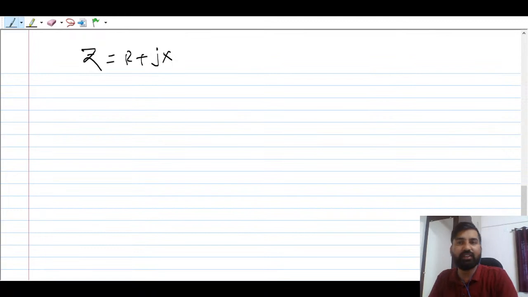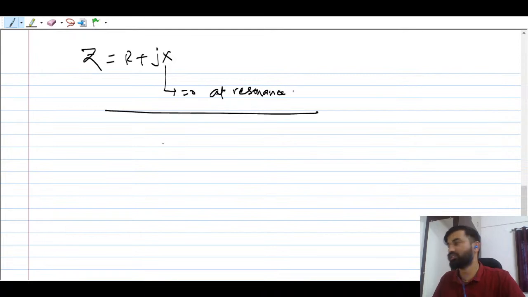If it is an inductive circuit, there will be XL. If there is a capacitive circuit, capacitive reactance XC is present, or if both are present, then XL minus XC, depending upon which one is greater. So this should be equal to 0 at resonance. I hope this makes sense.